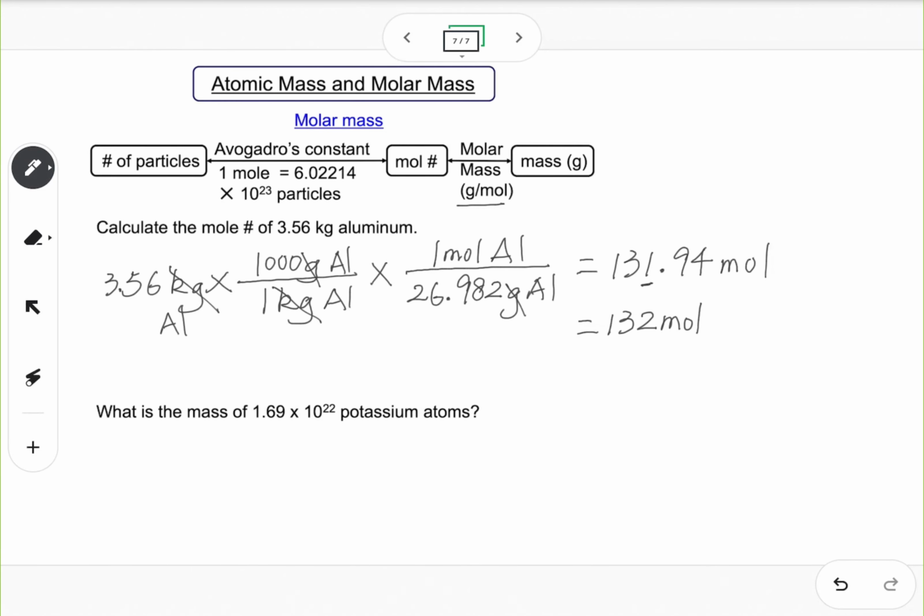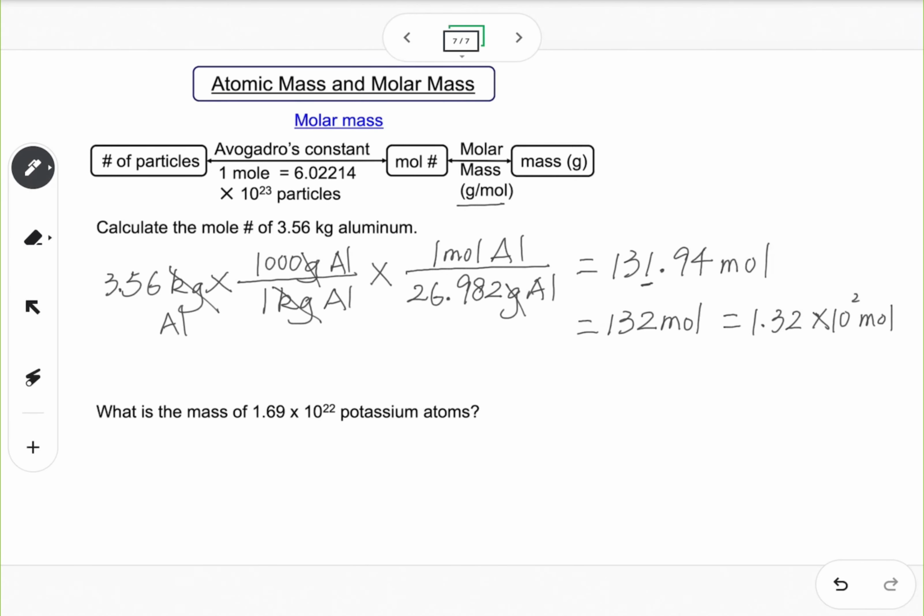We should avoid this kind of ambiguity, because it does not show you where the decimal point is, so let's use scientific notation. That's going to be 1.32 times 10 to the second mole. All right, so this is this question.